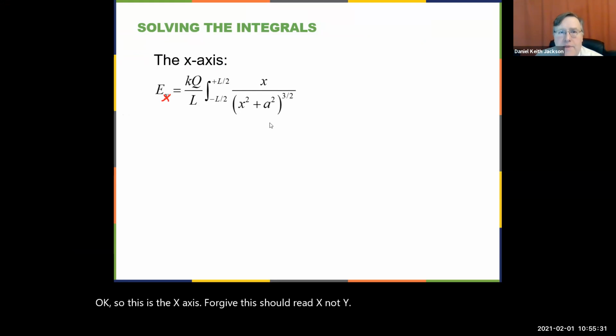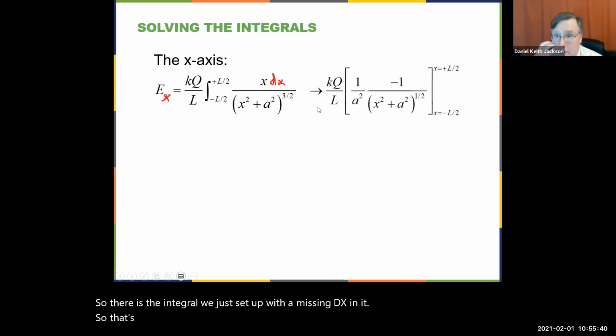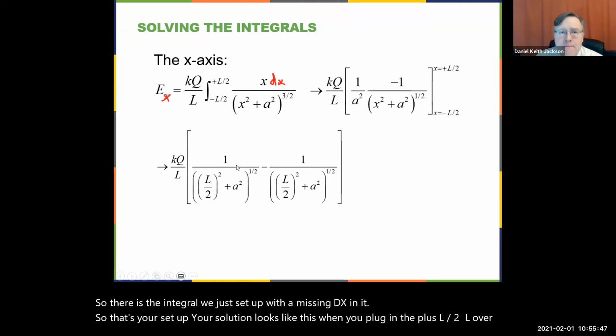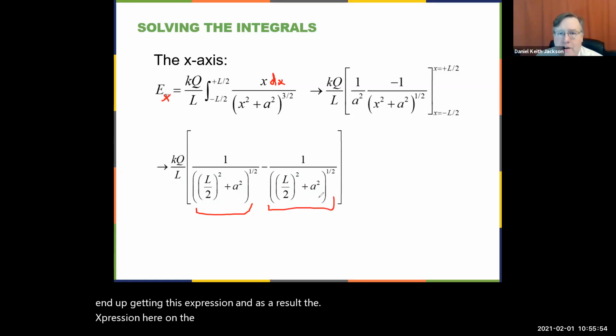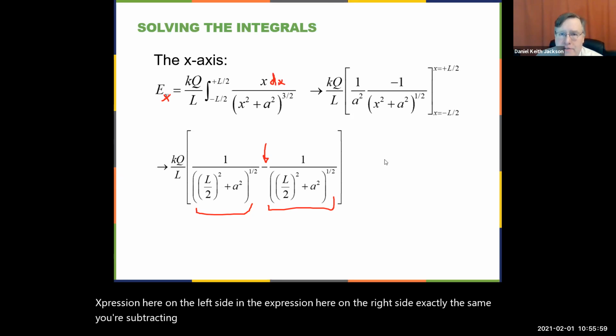So there's the integral we just set up with a missing dx in it. That's your setup. Your solution looks like this. When you plug in the plus L over 2 and minus L over 2, you end up getting this expression. As a result, the expression here on the left side and the expression here on the right side are exactly the same. You're subtracting them, and as a result, you end up getting 0. Nothing adds up on the x-axis.